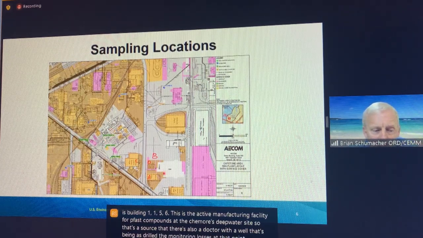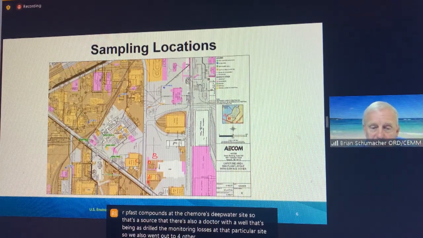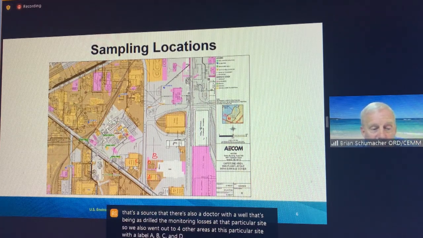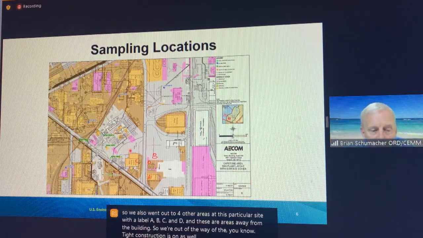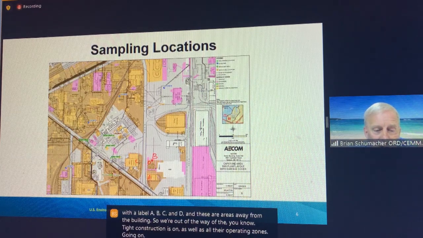We also went out to 4 other areas at the site, labeled A, B, C, and D. These are areas away from the building, out of the way of the tight construction zone as well as all their operating zones, and we found 4 areas, A, B, C, and D, that could act like a building.